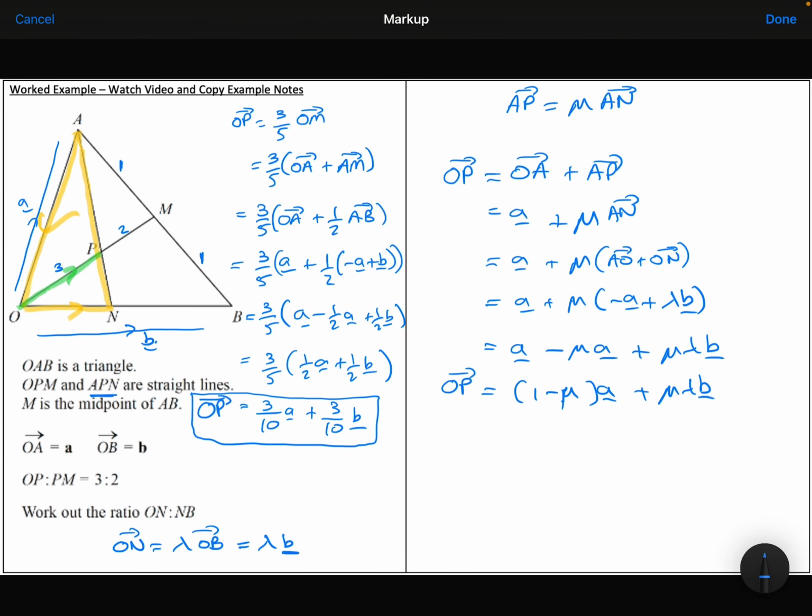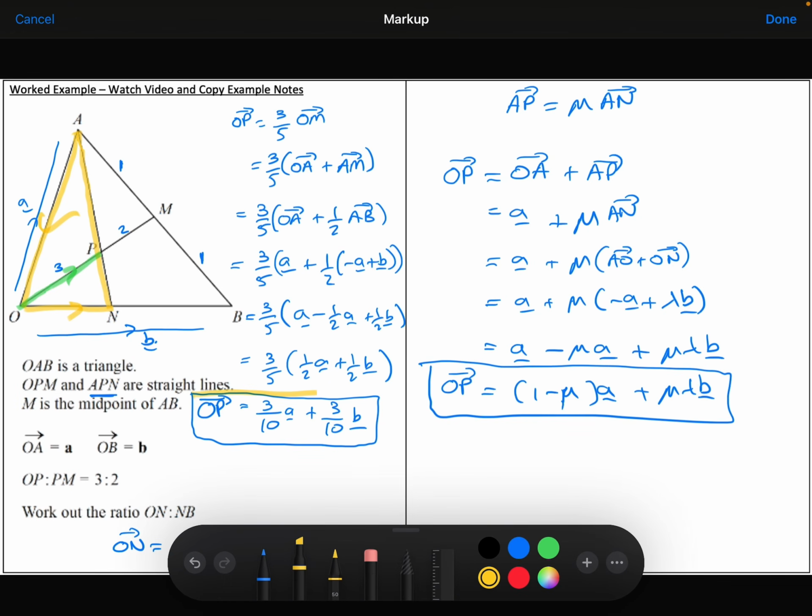So what I have got here is two different ways of me writing the vector O to P. These are the same vector. These two expressions must be equal to one another.